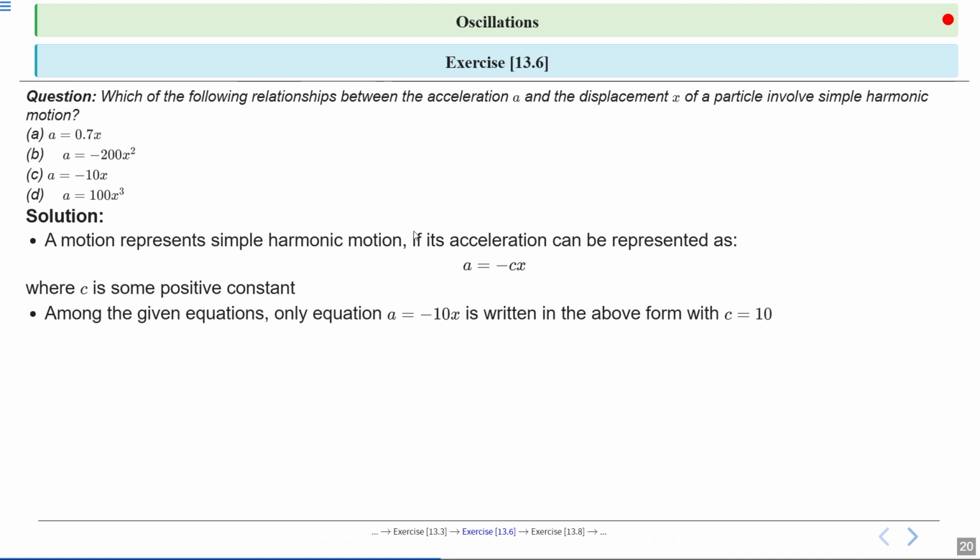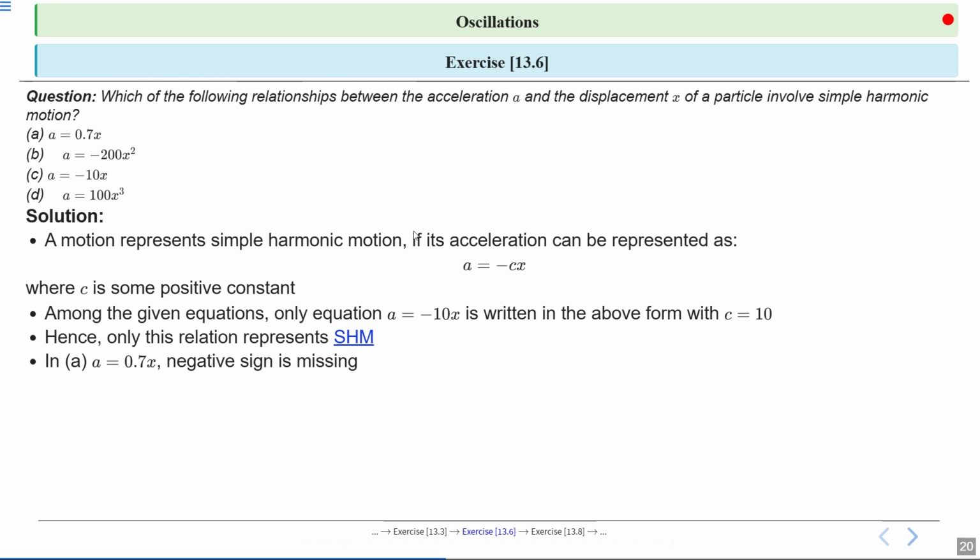So among the given equations, only equation a equal to minus 10x is written in the above form with c equal to 10. Hence, only this relation represents SHM. The negative sign and the direct proportionality to x are both present, which are the key requirements for SHM.